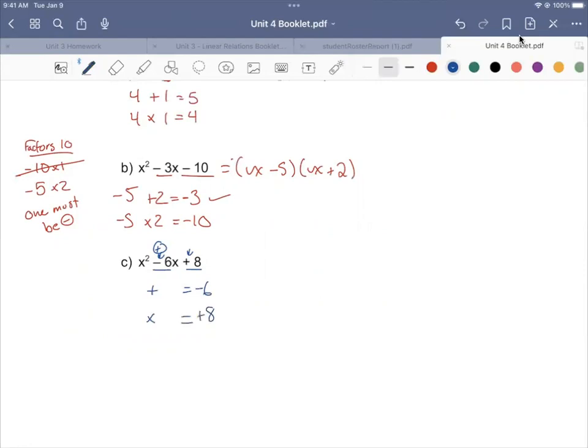So I'm going to look at the factors of 8. I could do 8 times 1, 2 times 4, can't times 3 by anything, so those are my only two options. So I know in this case, to get a negative number, one of them has to be negative.